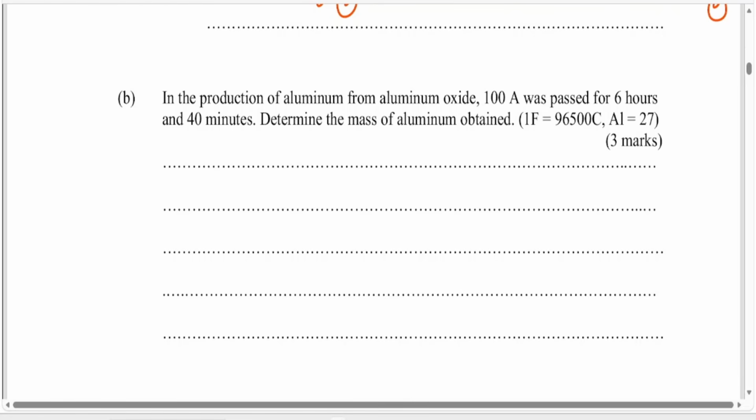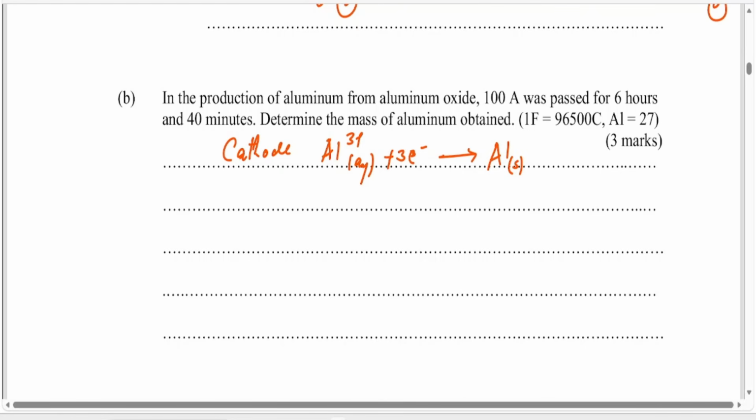So basically, the reaction that occurs at that particular cathode is aluminium ions gaining 3 electrons to obtain aluminium solid.